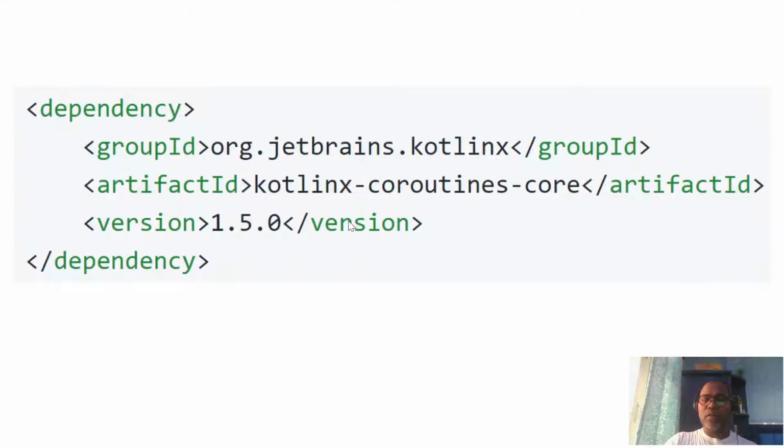This is the one major dependency: put the kotlinx coroutines core library in your project as a dependency, with the latest version on which you are working. Whenever you add coroutines core as a dependency in your project, after that you are able to write coroutines.